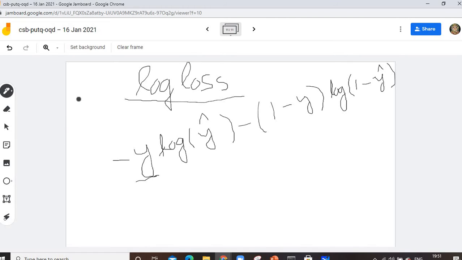As I told you, the sigmoid function converts my y value into values between 0 and 1.